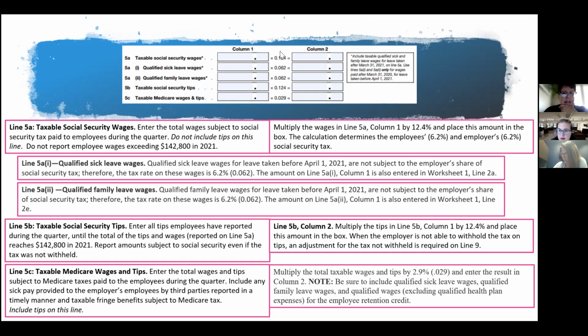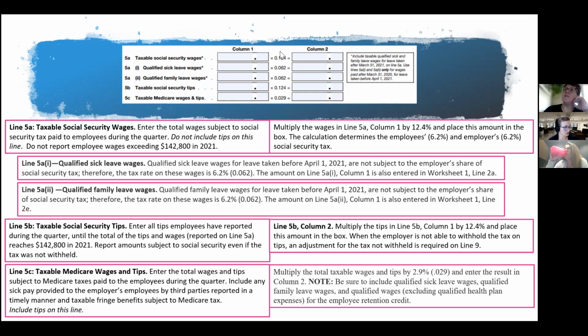Line 5B is the taxable Social Security for tips. These are employees that receive tips. If they get $20 or more in tips each month, they are required to report to their employer how much they've received in tips. The employer has to put this on their W-2.